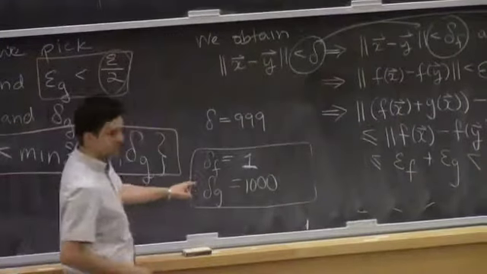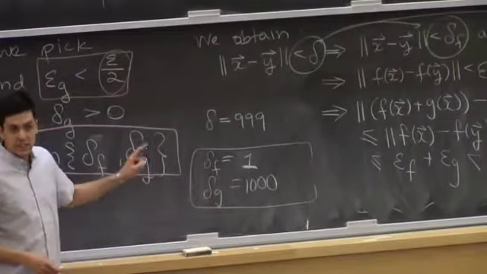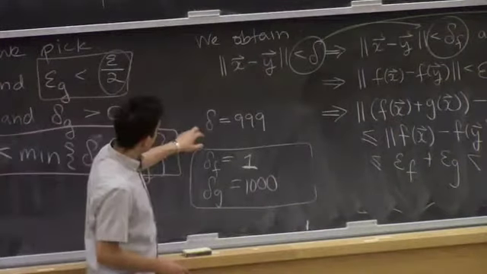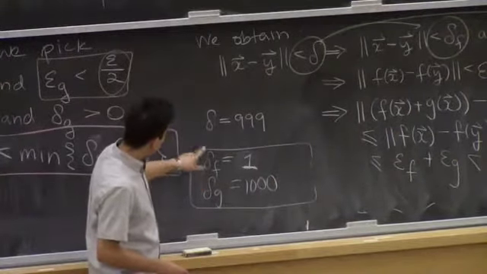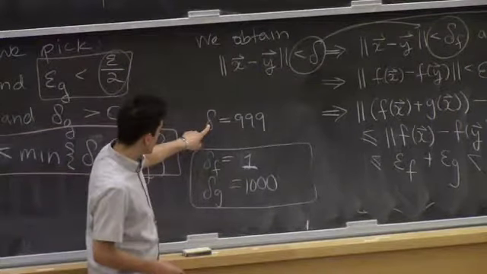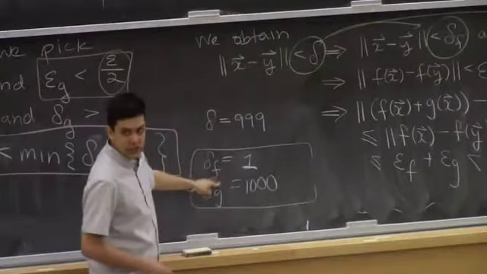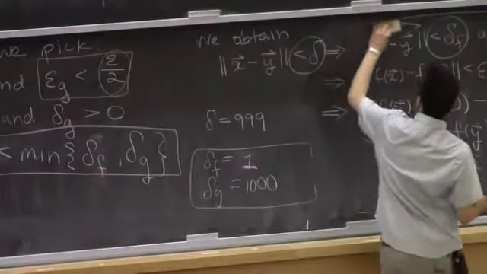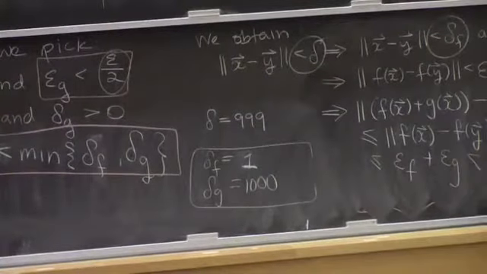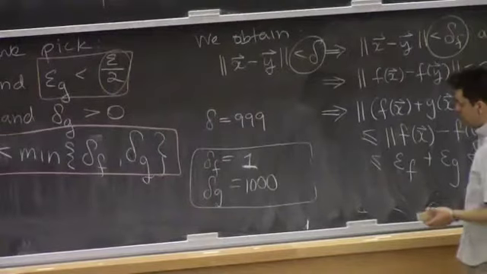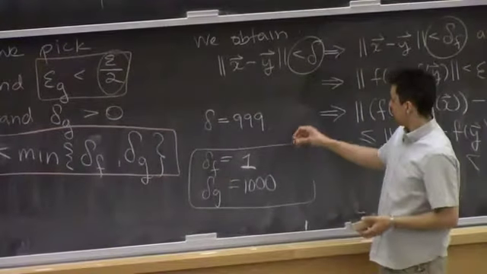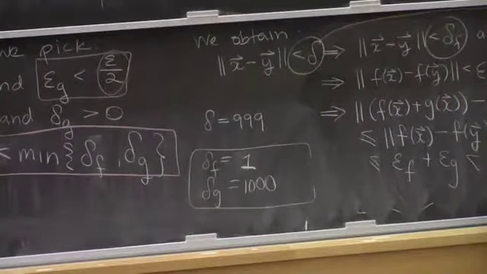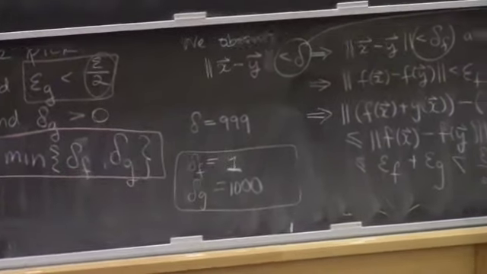Right. So this is exactly the situation I want to avoid. I want to avoid picking a delta that's bigger than one of these two, because then, let's say we're in that situation, delta would imply delta G, right?